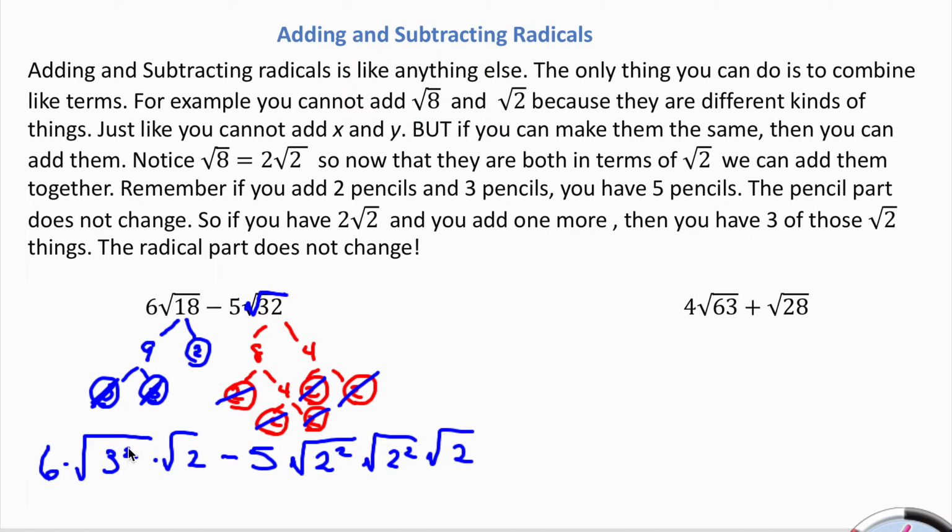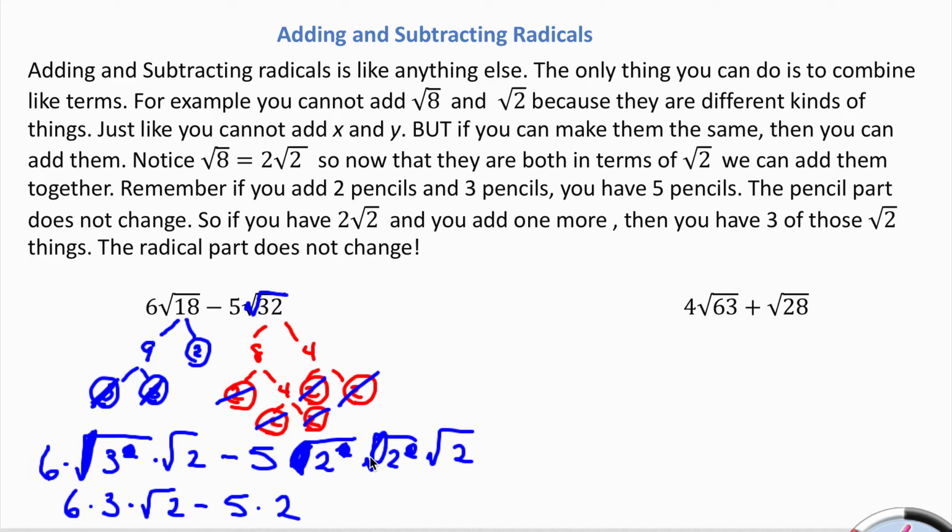Okay, now this one, because I have a square here, I can get rid of that. So this becomes 6 times just plain 3. I'm going to write here 6 times 3 times the square root of 2. This has a 5. It's not under a radical. This one can now be not under a radical.